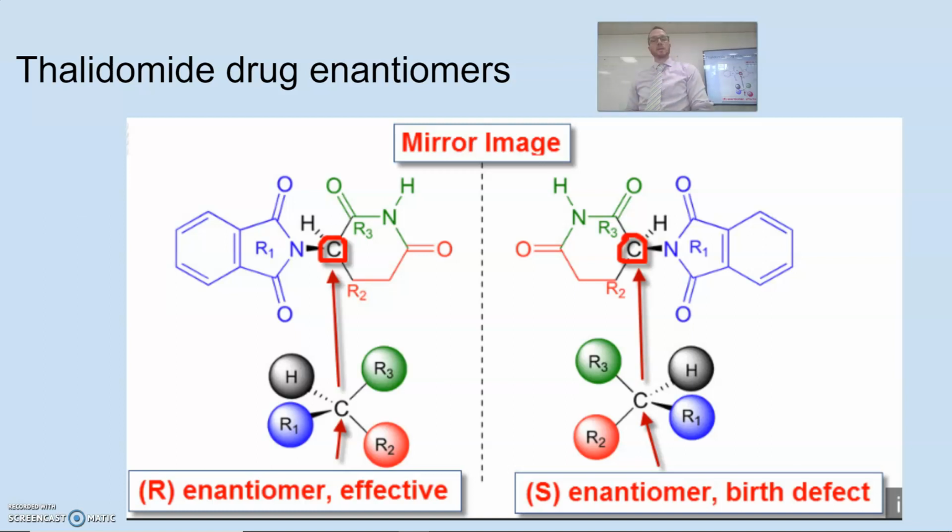Why? Because that drug stops rapidly growing cells. Still used today, particularly in cancer treatment. If you are pregnant while taking thalidomide, if you have a mixture of both, it's called a racemic mix.